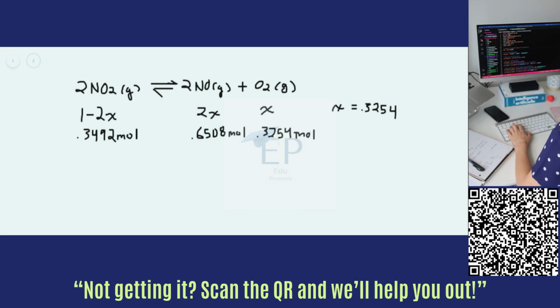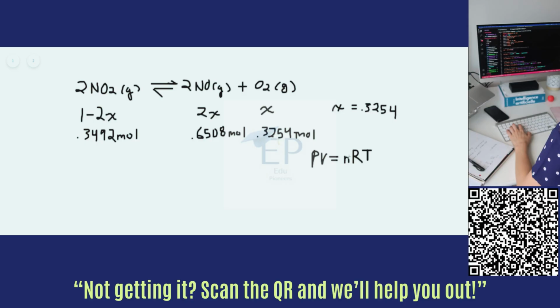But this question is asking for the equilibrium constant, Kc, which is in terms of concentration. So we need to divide these moles by the volume of the container to get the terms we need to solve for Kc. But we don't have a volume. But we do have PV equals nRT. Again, I'm not going to plug in each of the parts, but we do have all of these. We have P. P is 0.75 atmospheres. We're looking for volume. We have the number of moles.